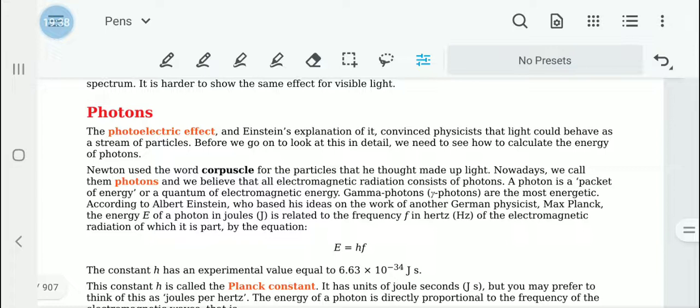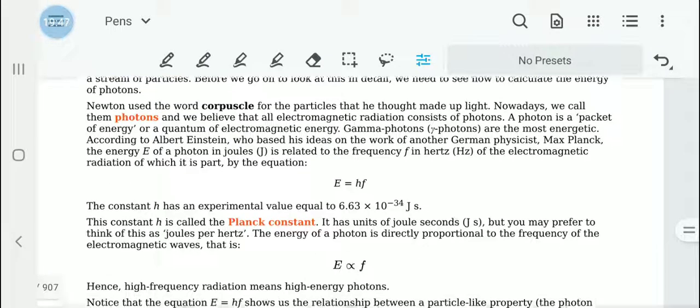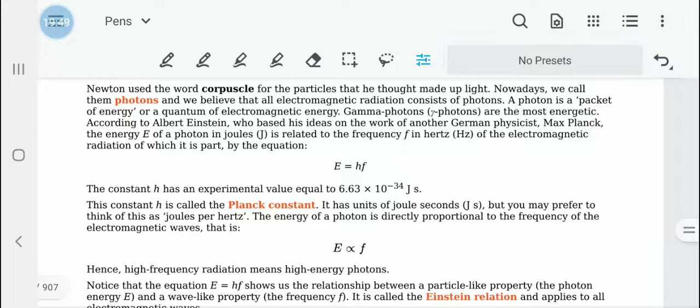That is, E equals hf. h is called the Planck constant, and it has an experimental value of 6.63 × 10^-34 joule seconds, or else we can use joules per hertz.